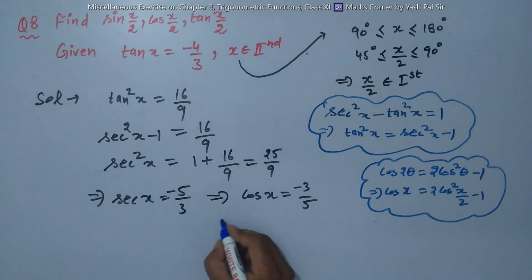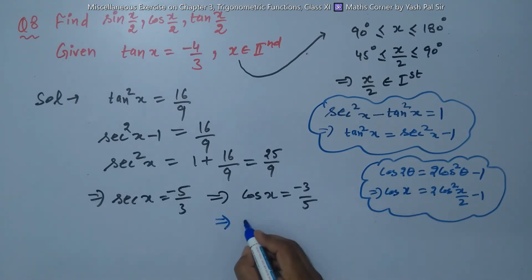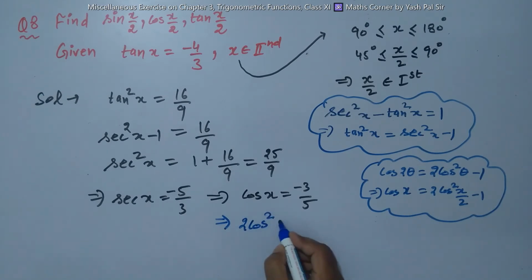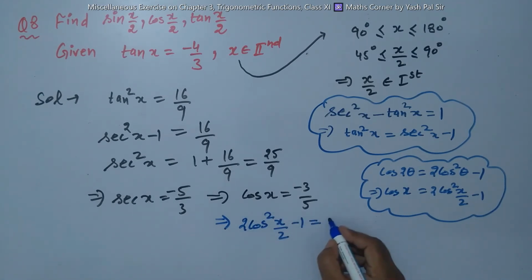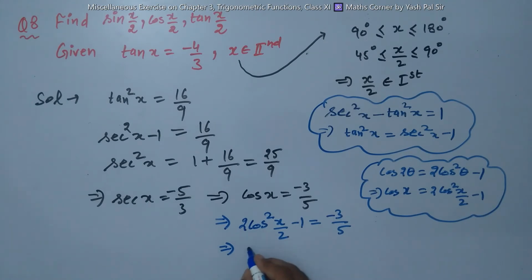So this way we write now: 2 cos square of x upon 2 minus 1 is equal to minus 3 upon 5. So we can conclude 2 cos square of x by 2 is equal to 1 minus 3 upon 5, which is equal to 5 minus 3, 2 upon 5.